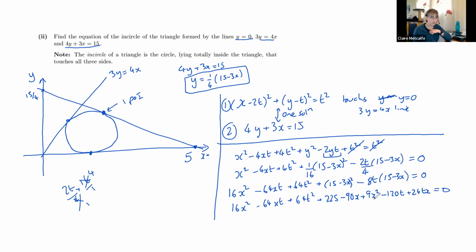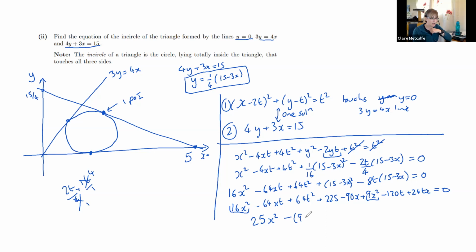And then this is a quadratic equation in x. Let's just tidy it up a bit. We've got 25x squared. In terms of the x values, we've got minus 64xt plus 24tx. So that's mine, and we've also got a minus 90x.